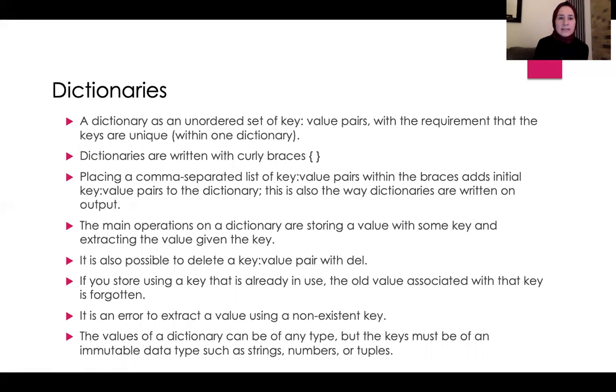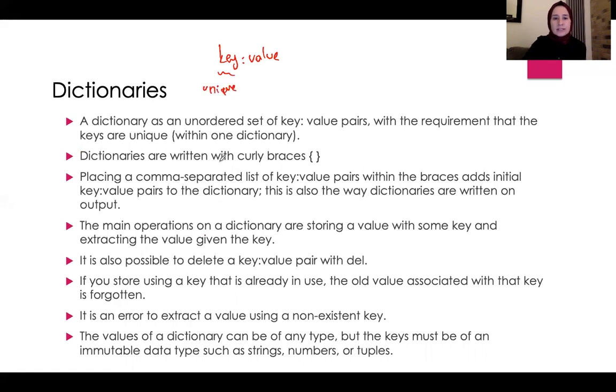Yes, the final data structure in Python is dictionaries. Now we will be focusing on dictionaries. A dictionary is an unordered set of key value pairs with the requirement that the keys are unique. Yes, in dictionaries, we have key and value pairs, and the keys are unique. It has to be unique.